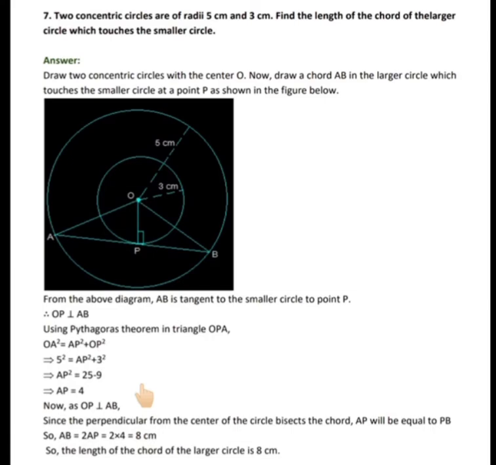So AP square is 16. After transposing the square to RHS, it will become root over 16. So root over 16 is 4. Square root of 16 is 4.